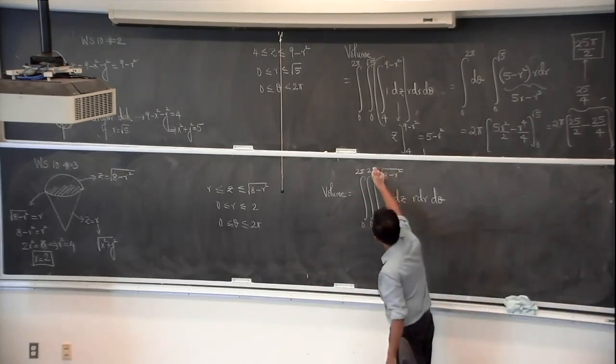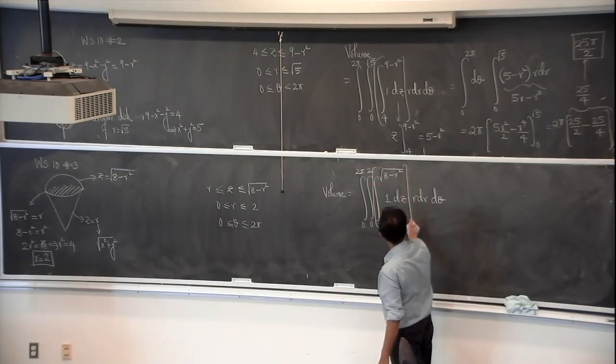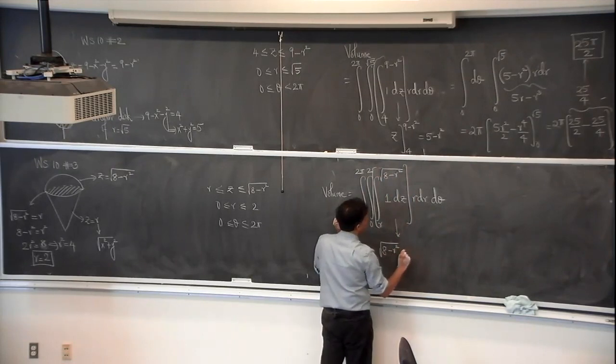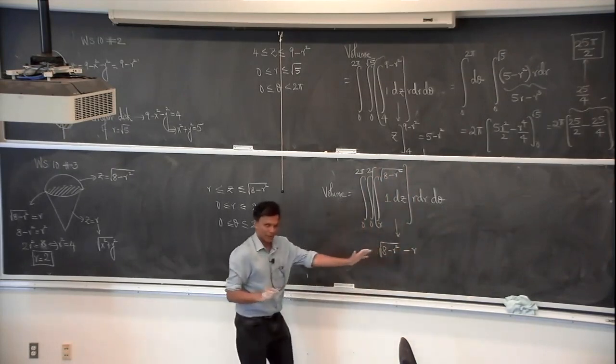Again, the z part is the height of this ice cream cone. That is going to be the square root of 8 minus r square minus r. That minus r is outside the square root.